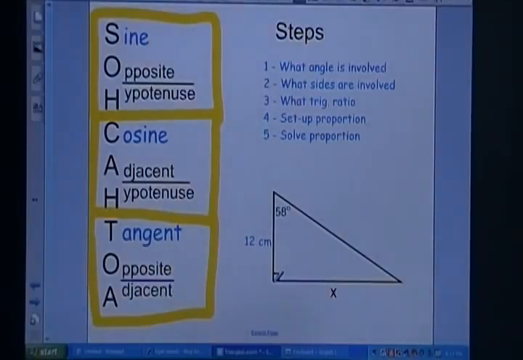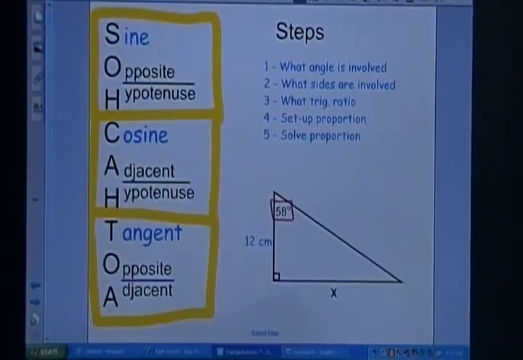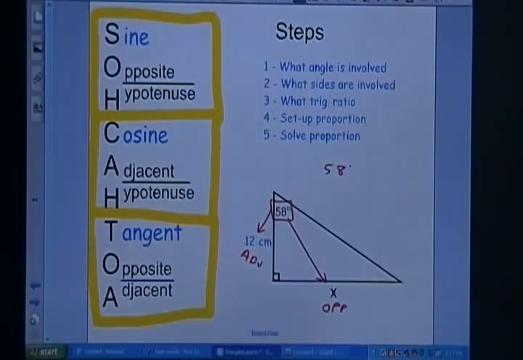And we never use the right angle, we're going to use this angle right here. The angle that's involved is 58 degrees. What sides are involved? Now, we always talk about what sides in relationship to this 58. So, x is opposite. 12 is adjacent. So we figure out we've got opposite and adjacent here.